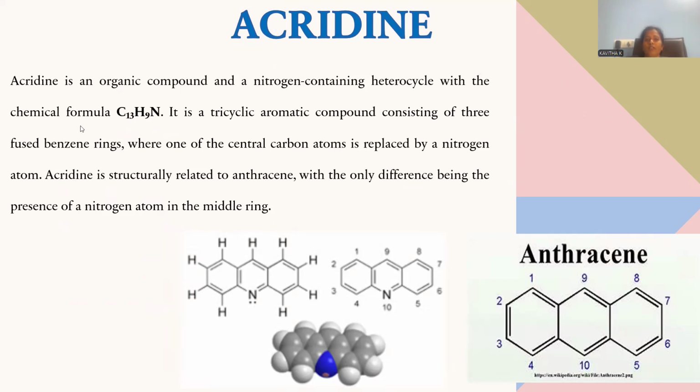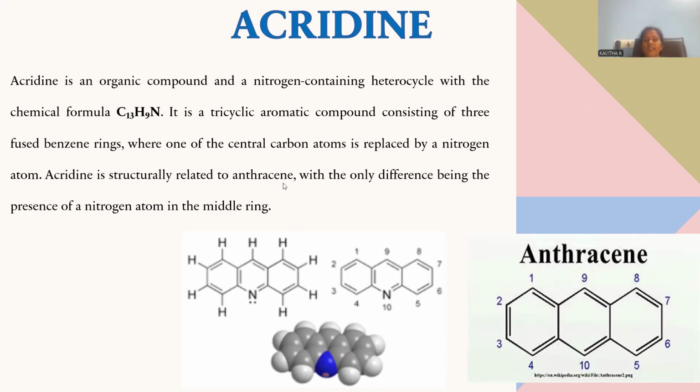So the molecular formula is C13H9N. It is a tricyclic aromatic ring system consisting of 3 fused rings. All are 6-membered ring systems, so all 3 rings resemble benzenes, but instead of one of the carbons, you replace it with nitrogen, right? So here, one of the central carbon atoms is replaced by a nitrogen atom.